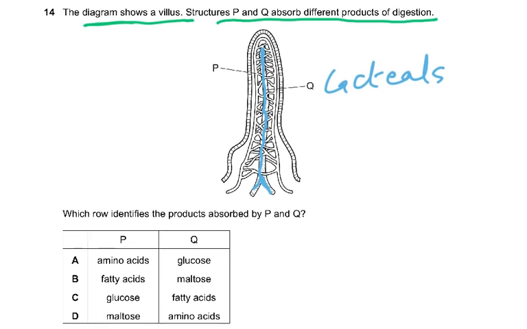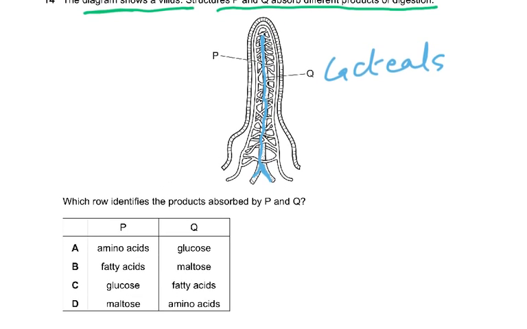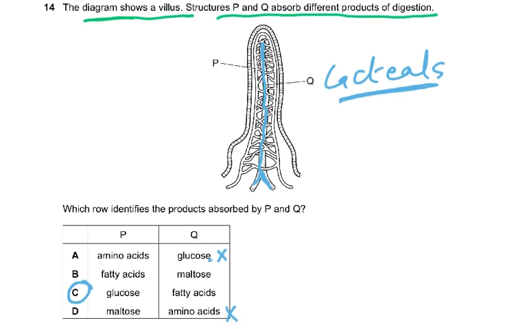So that is why the answer is C. Q has to be the lacteal, with fatty acids, and P has to be glucose, or it could also have been amino acids. But then this is wrong, that's why this is wrong, and that is why this is wrong. So the answer to 14 is C.